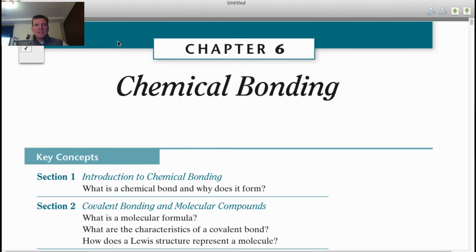So we've done a lot of talk so far about the atom, the arrangement of electrons, and it is those electrons, specifically those valence electrons, remember those are the outermost electrons, that are going to be involved in forming chemical bonds so that two atoms or more than two atoms can come together and form a compound or molecule and be bonded together. Okay? Many elements like to form compounds.